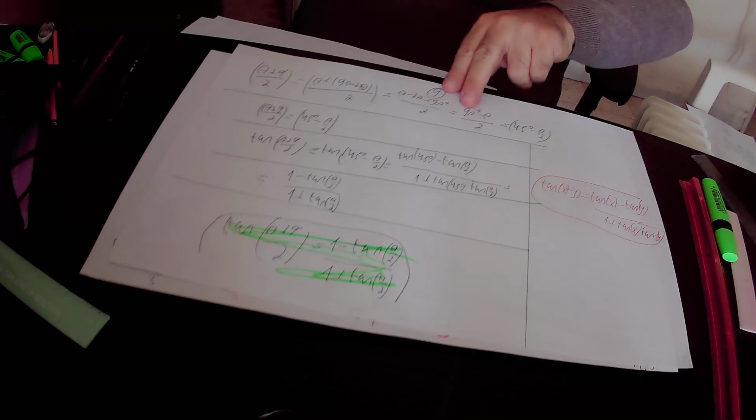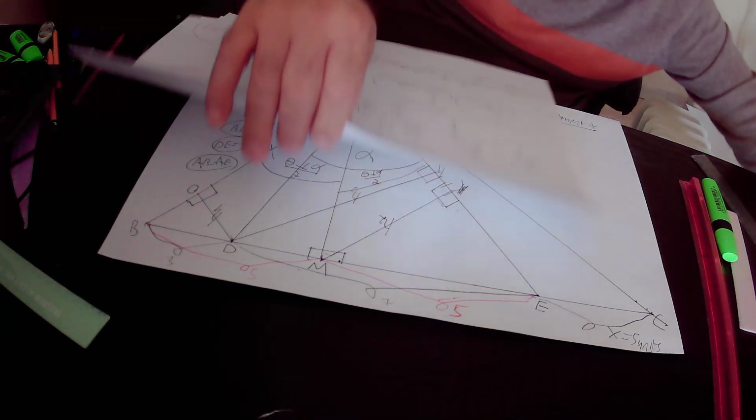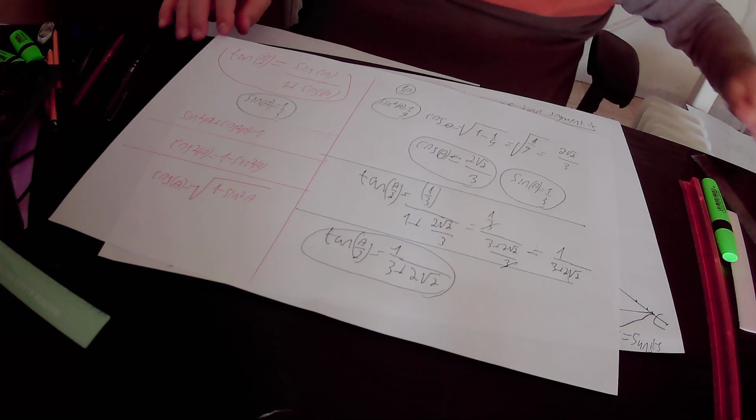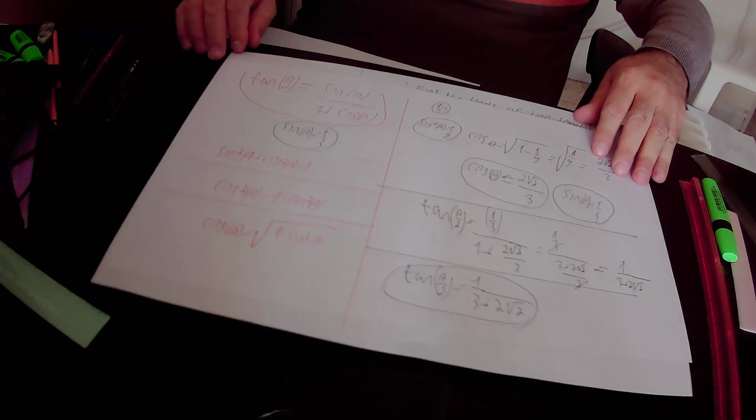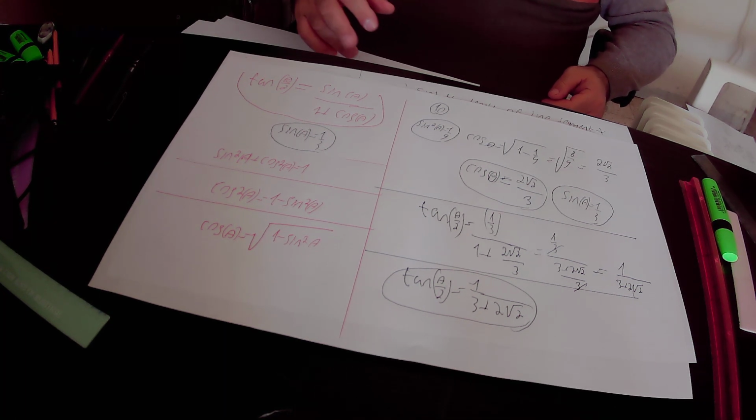And we have a trigonometric identity for tangent theta over 2. The trigonometric identity is that tangent theta over 2 equals sine theta over 1 plus cosine theta.